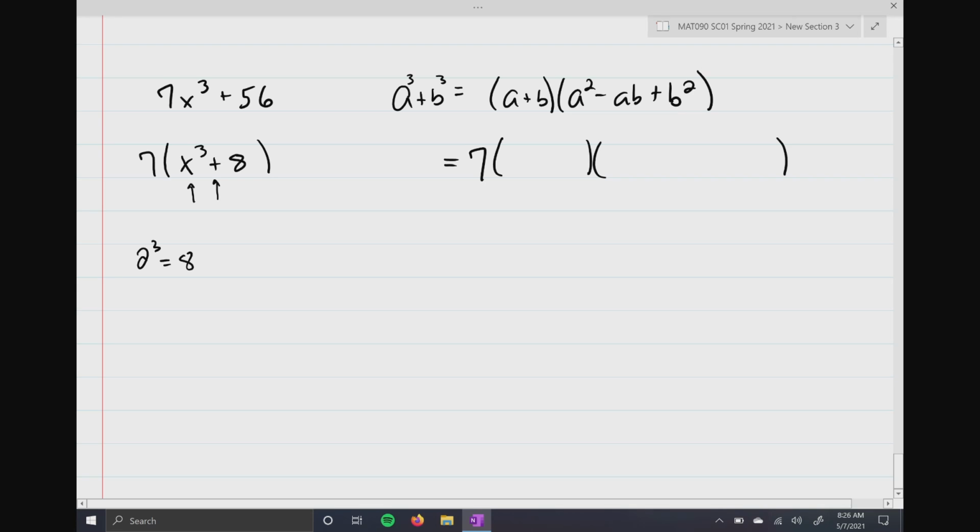I'm going to be careful. So I get x plus 2 times the quantity x squared minus, I know it's going to be x times 2, but I'm going to write it as 2x plus 2 to the second power. And 2 to the second power, remember, is 4.